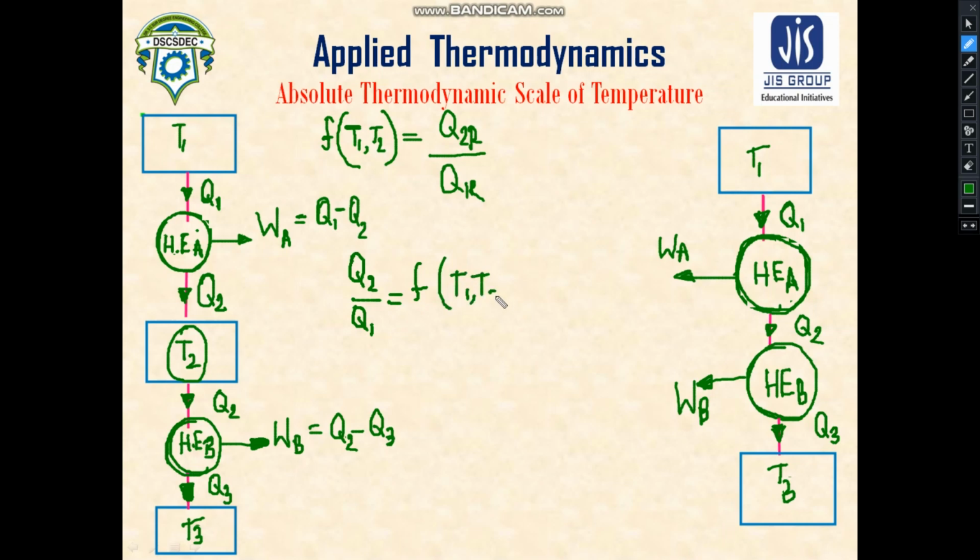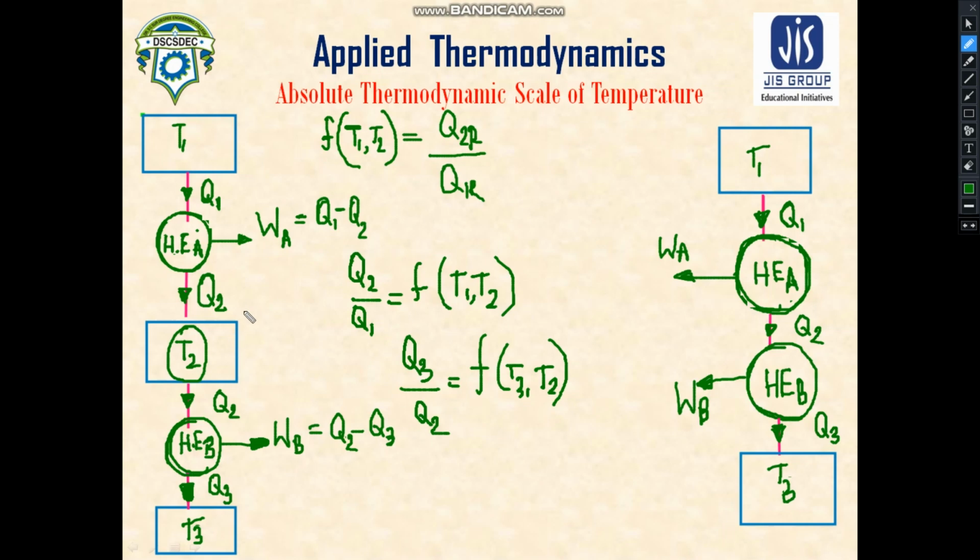Okay, so this is our previous understanding, and for heat engine B we can write Q3 divided by Q2 as a function of T3 and T2. So we are following the same pattern of logic for these two deductions.